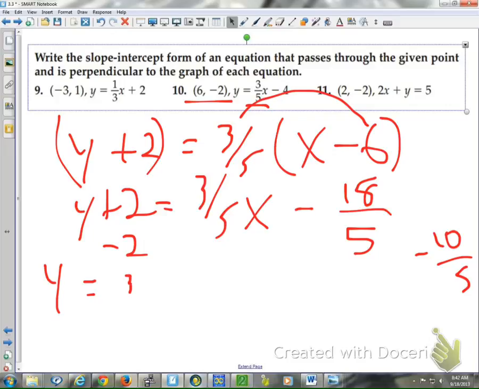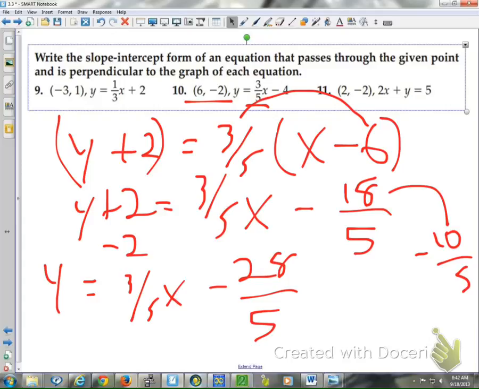So y equals 3/5 x, -18 minus 10 is -28/5. We had to convert -2 into fifths so that we could subtract. And basically, whenever you have to convert a whole number into a fraction, just take whatever your denominator is and multiply that by the number you have to convert.